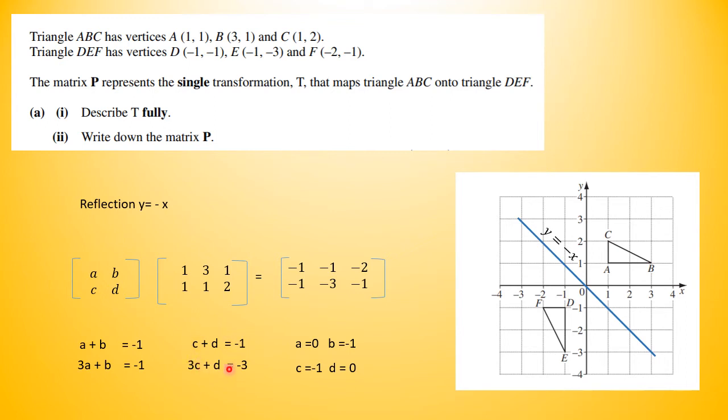So we can solve this and find out a, b, c, d, and fix it to the matrix P, which was labeled as a, b, c, d, that is 0, minus 1, minus 1, 0. So according to this question, the single transformation is the reflection along y equals minus x, and the corresponding matrix is 0, minus 1, minus 1, 0.